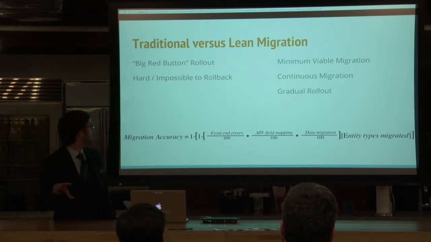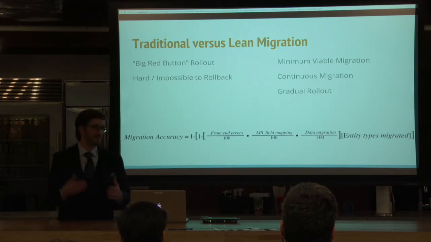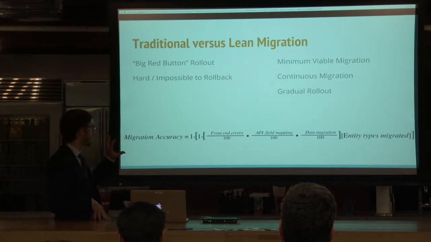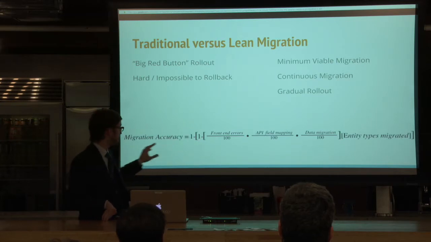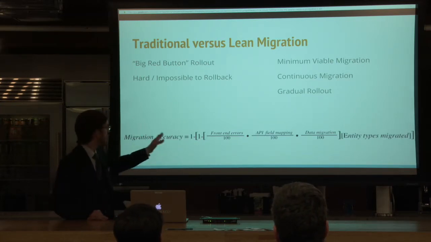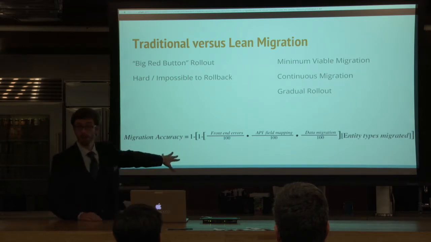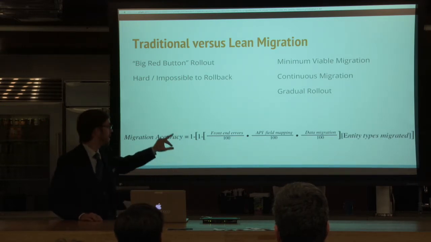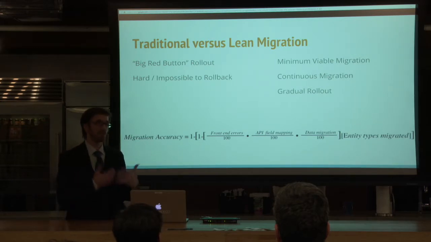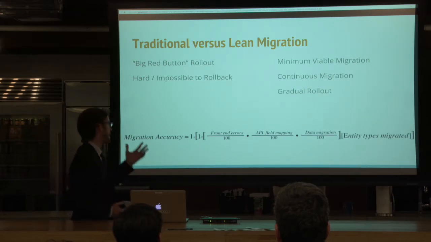API field mappings: obviously if the wrong field ends up in the wrong place in the API, there's a problem, as well as with the data itself. There are also all sorts of encoding issues that can go wrong here, all sorts of incremental concerns, but these are all compounding. If you have a 99% success rate, a 1% error rate, in each of those three buckets, the way my math works, and I'm not sure if this is correct, and assuming many of your content items are compounding because there are often relationships.